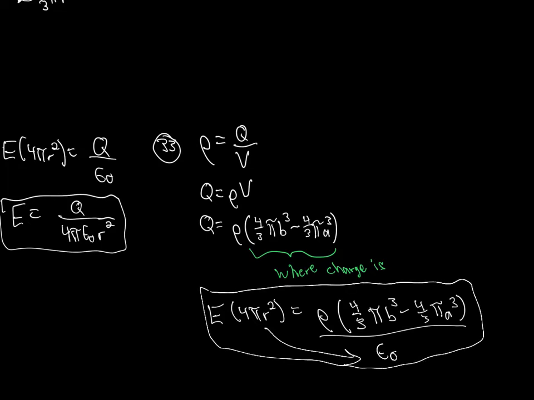There's your answer. You have to do this in problem 33 because you're given rho. You have to get rho looking like Q, so you have to solve for Q. In problem 35, we didn't have to do that because we were given Q. So that's the difference.